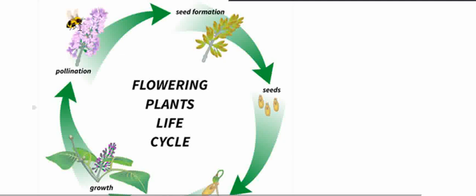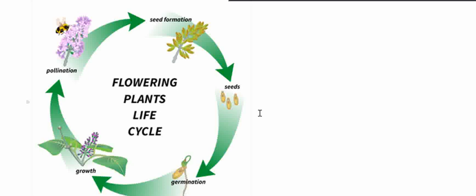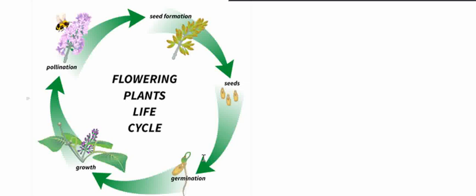Next, pollination will be followed by seed formation. Before seed formation there is a fertilization, and it forms seed, and seed will be dispersed to other place, and in the right condition it will germinate. So that is the life cycle of flowering plant.